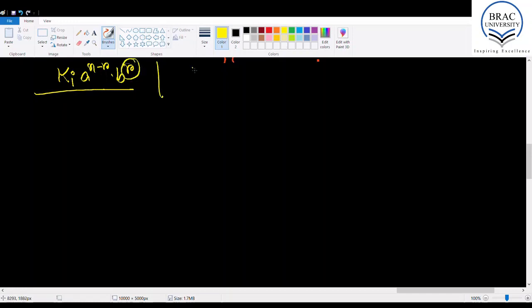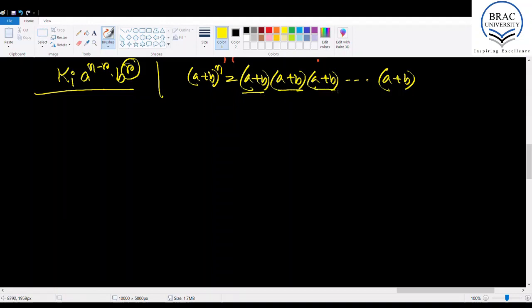So as we know, in the expansion of (a + b)^n, we can write it like (a + b)(a + b)(a + b), total n times. And we know from fact 1 that each of these factors will contribute one element in each term, right? So out of these total n factors, r of them will provide b.